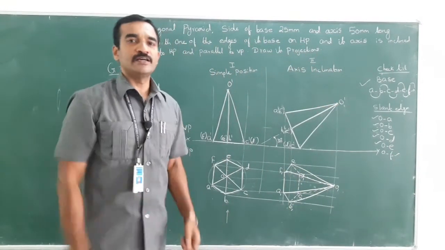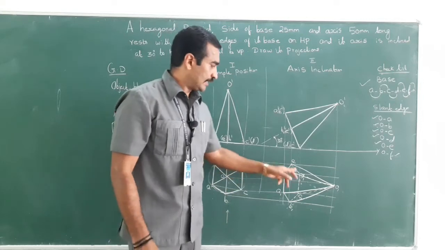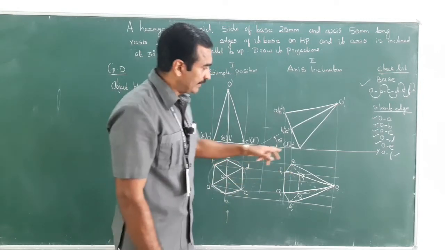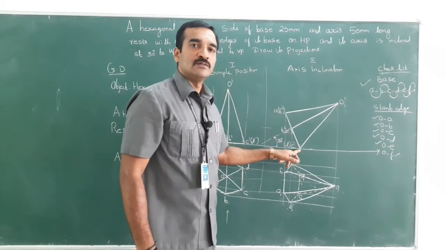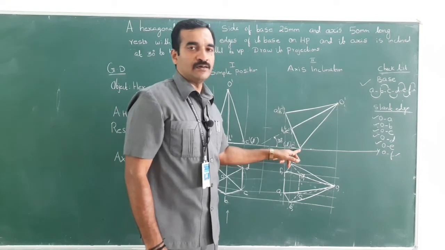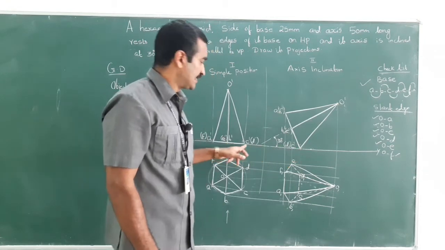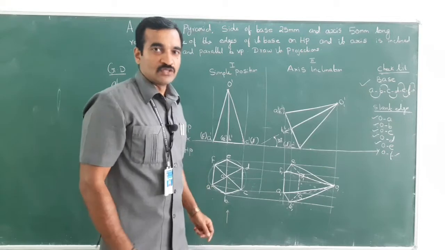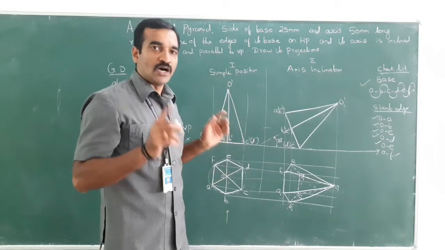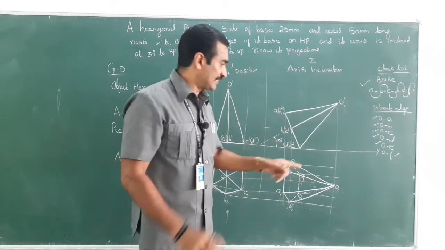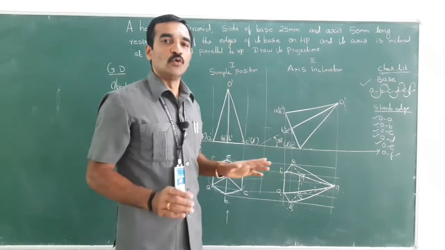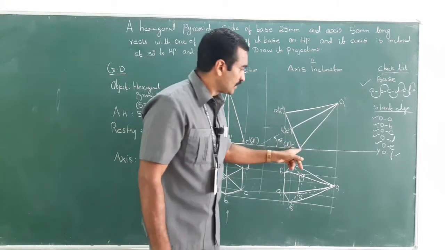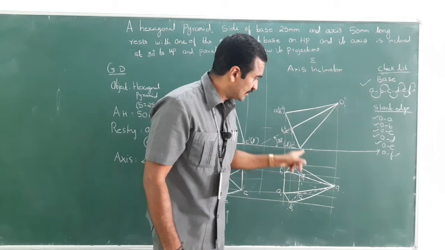So let me give a hint to draw the dotted lines. Look here. What is the resting edge here? CD is the resting edge. So the corners or the points which are connected to C and D would be invisible. Look here. C to O is invisible.